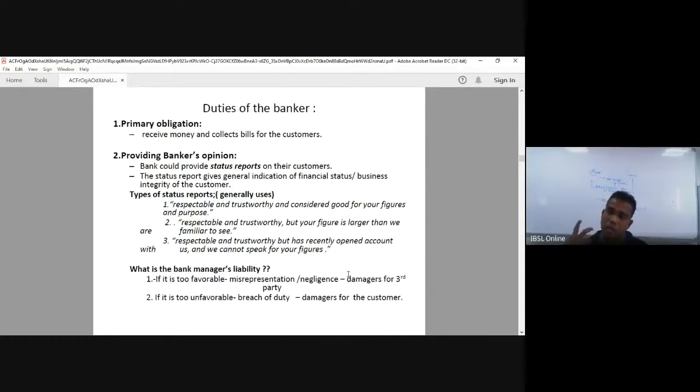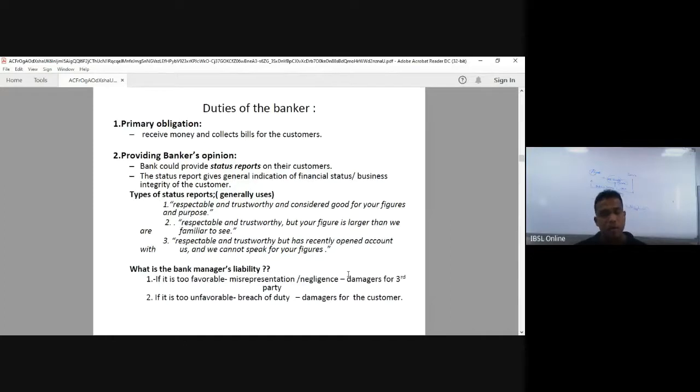You know, the banker-customer relationship starts when a person opens an account with the bank. If the bank allows a person to open an account, the account holder's intention is to deposit money and issue bills, checks.